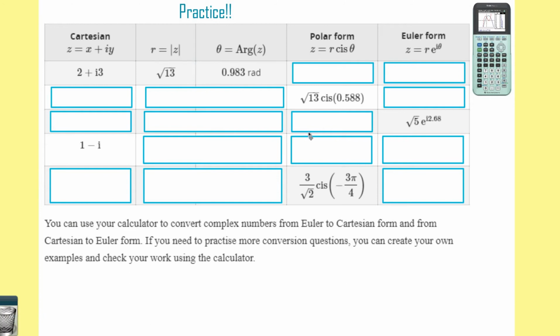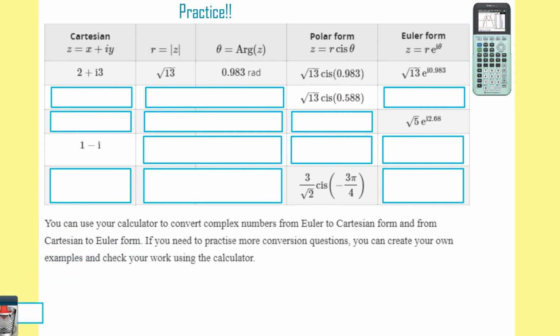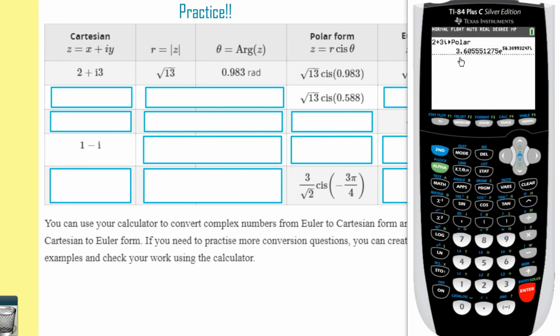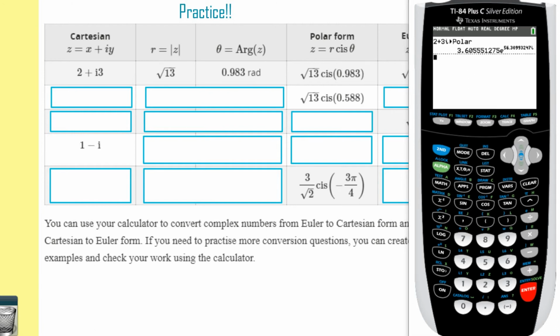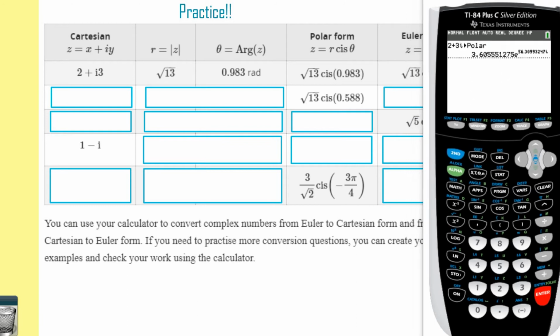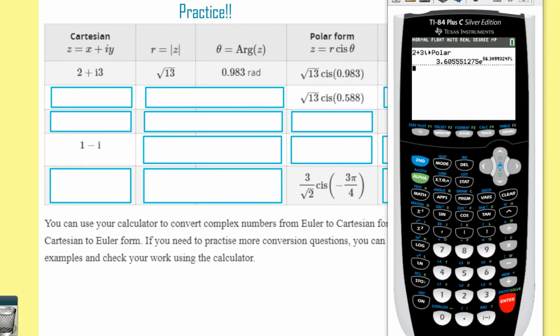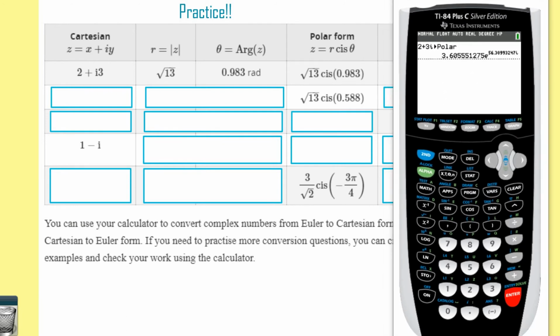Let me uncover this. They of course give it to us in decimal form, but here you have 56, I believe that's in degrees. Yep. So then you just convert that to radians, which we'll get to later. But this is one way.